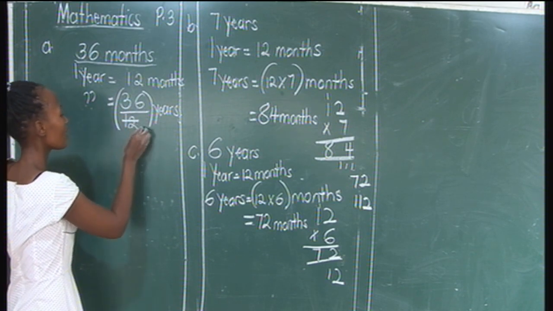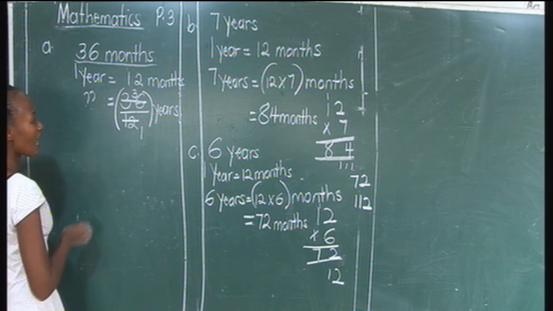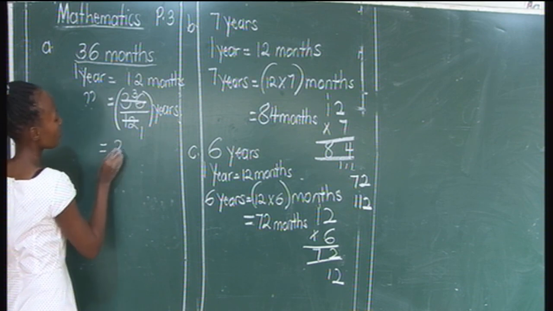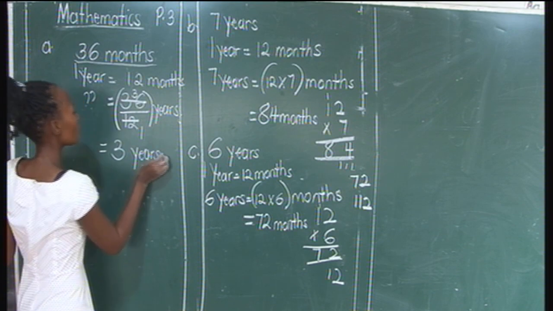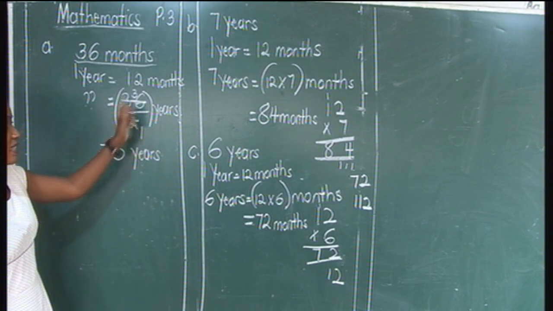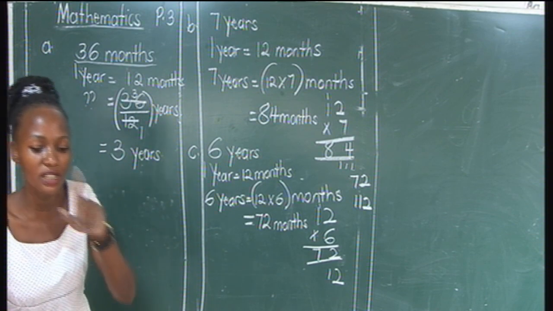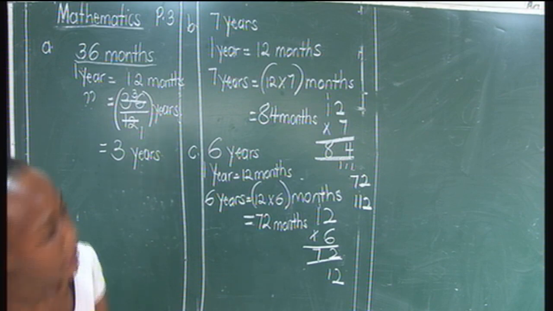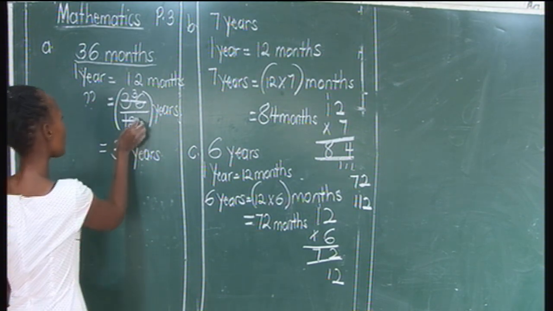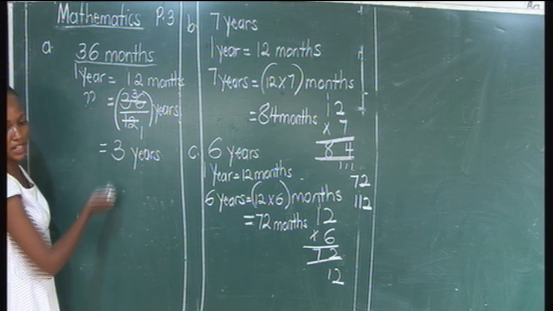Now our answer will be 3 years. When you draw your 12 heads and share 36, you will end up having 3. Or when you use long division, but I'm sure some people are not certain with the long division. There you rather draw at least the heads and share this, your answer will be 3.